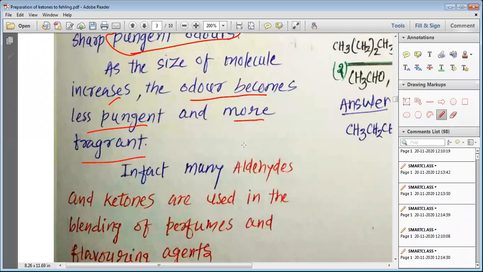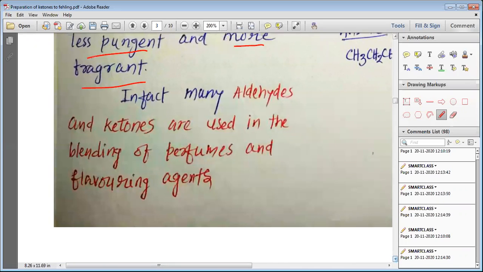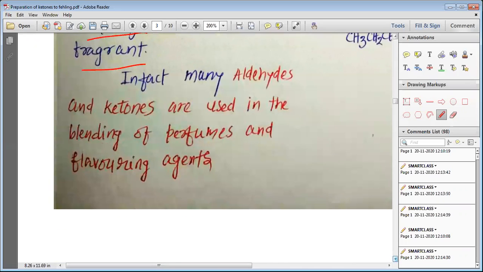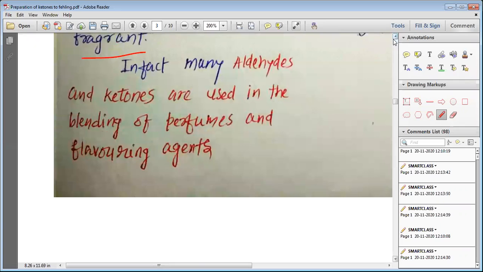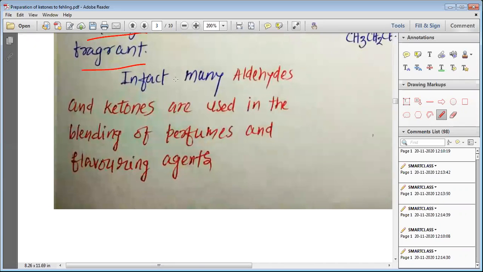Please remember that slowly, as the number of carbons increases, their smell becomes less and less irritating, and they give a good smell. In fact, many aldehydes and ketones are used in the blending of perfumes.